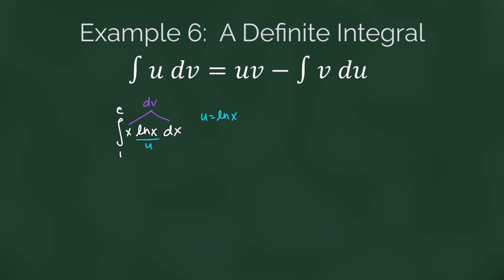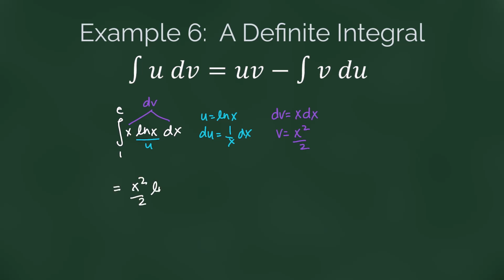Instead, we're using u as ln x because its derivative is simpler, 1 over x dx. And then if we let dv be x dx, we know that v is going to be x squared over 2, which is much simpler than the antiderivative of ln x, which we looked at previously.